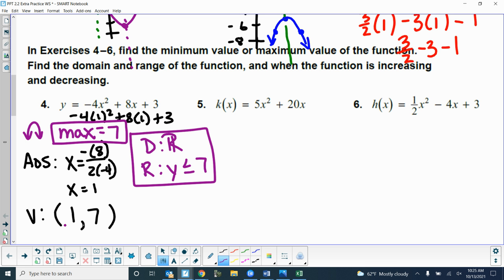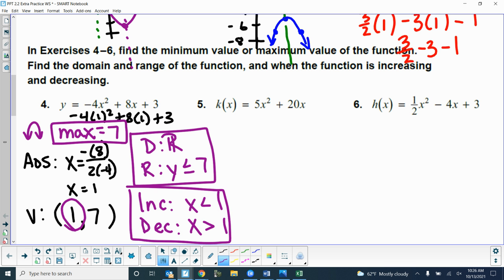So we look at the x value. So it increases when x is less than 1, and decreases when x is greater than 1. You look at the x value of the vertex. Increasing, decreasing. So all those are the answers for number 4.